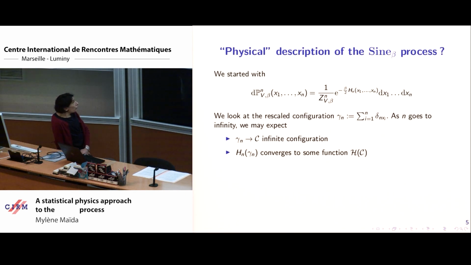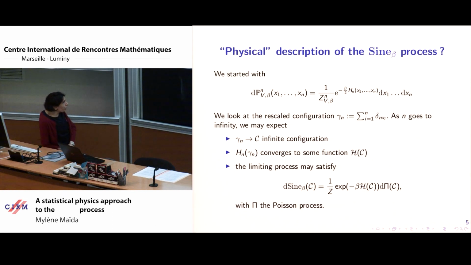And the energy of the configuration, Hn of gamma n, is the same as Hn of x1, ..., xn. It's just that as the particles are exchangeable, you can express it in terms of the empirical measure. So it should converge to some functional of the configuration, something like the double integral of minus log |x minus y| dγx dγy, whatever it means.